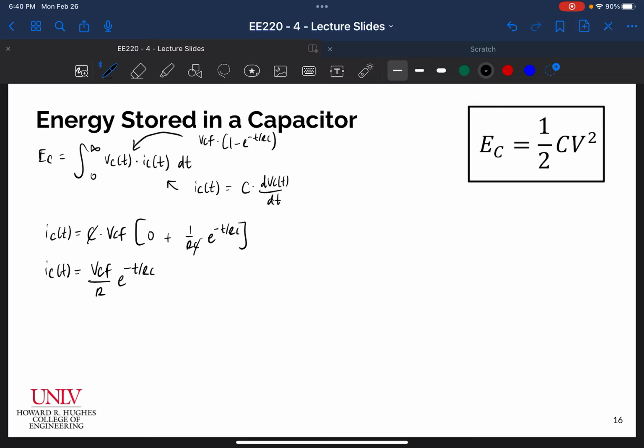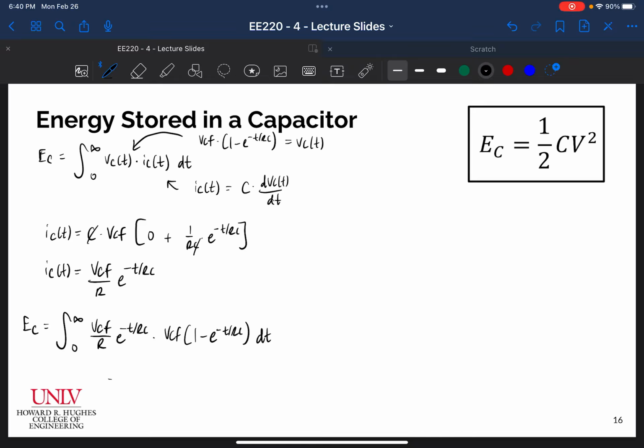And so now to find this energy stored in my capacitor, all I have to do is multiply my VC of t up here by IC of t and take the integral. Let me go ahead and do that. EC is equal to the integral from 0 to infinity. For IC, it's VCF over R, e to the minus t over RC, multiplied by VCF times 1 minus e to the minus t over RC dt, all right?